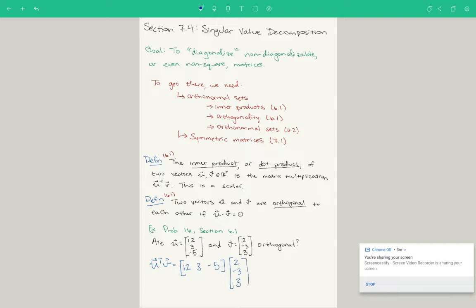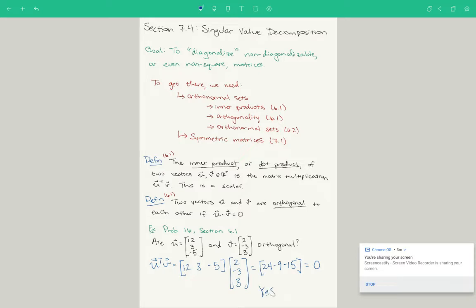And this will give us a 1-by-1 matrix or a scalar. That gives us 12 times 2 is 24, minus 9, minus 15, which does indeed give us 0. So the answer to this is yes, they are orthogonal to each other.